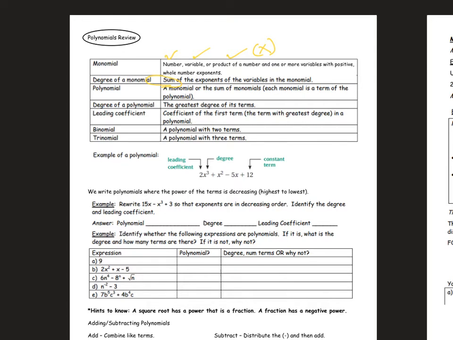Degree is the greatest degree of its terms. That means it's the largest degree, as we talked about, so the largest set of exponents added together. The leading coefficient is the number in front of the variables when your polynomial is put in descending order. A binomial is a special case. It's a polynomial with just two terms. A trinomial is a polynomial with just three terms.